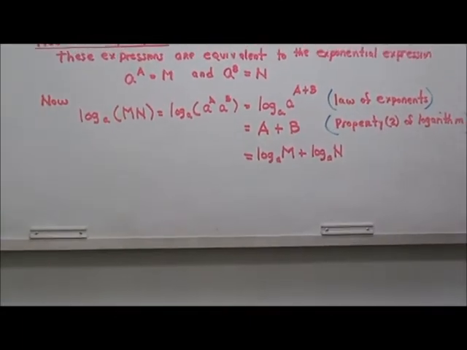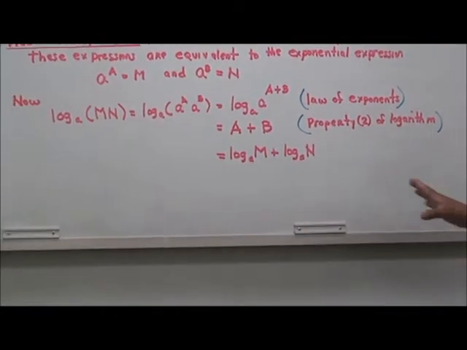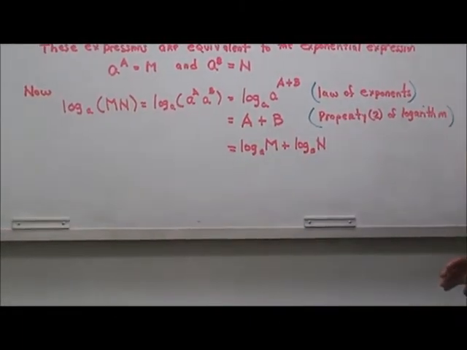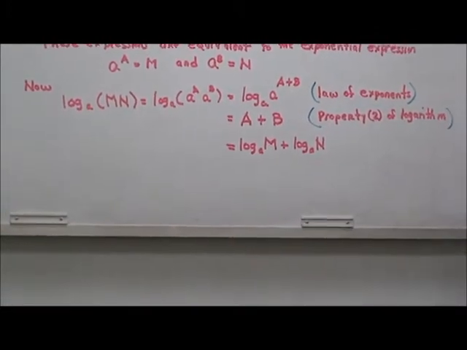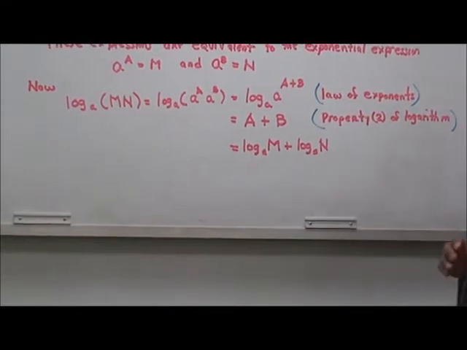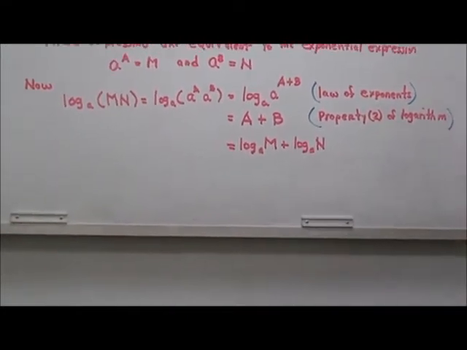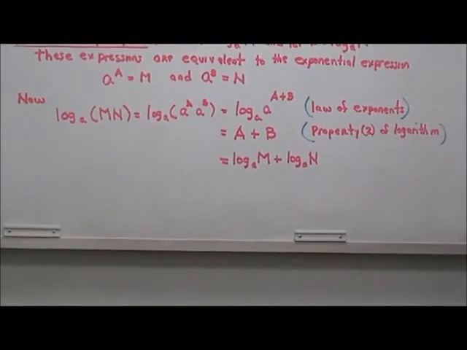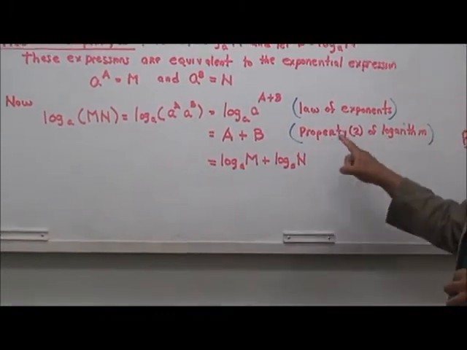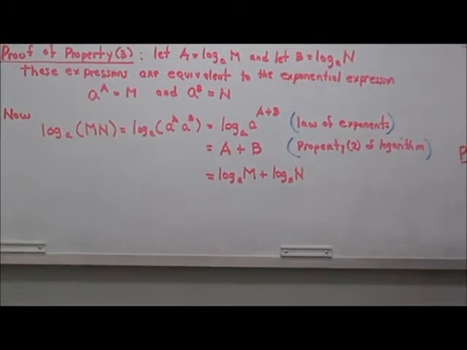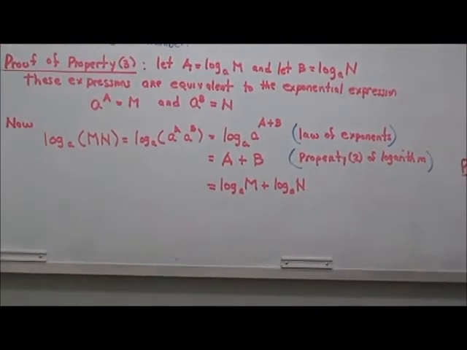Add the exponents, a plus b. So this means that you're going to add the logs: the log base a of m plus the log base a of n. So this holds true for the log exponents, and also property 2 of the logarithms, right?